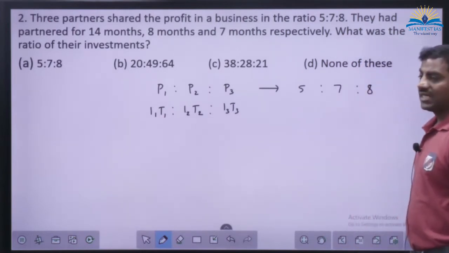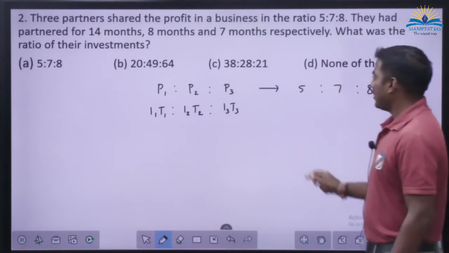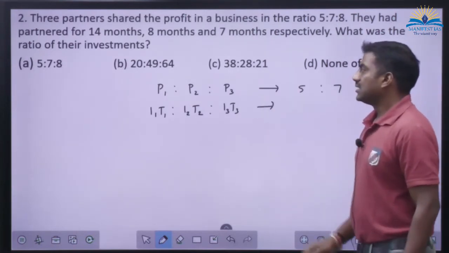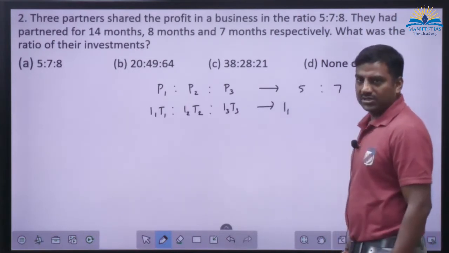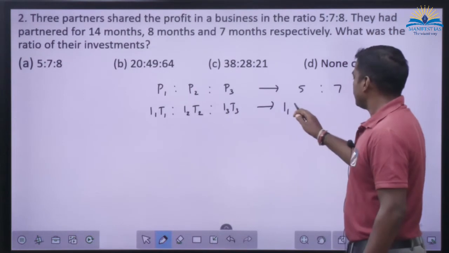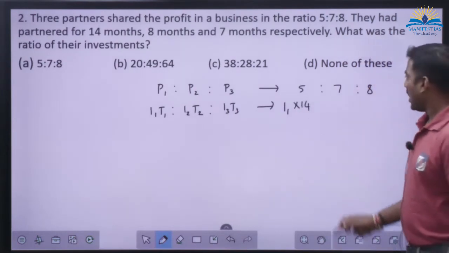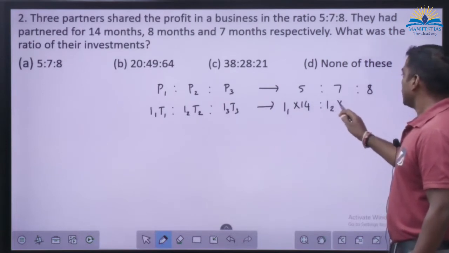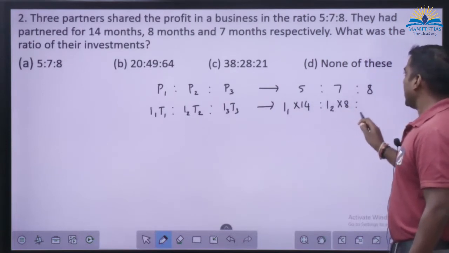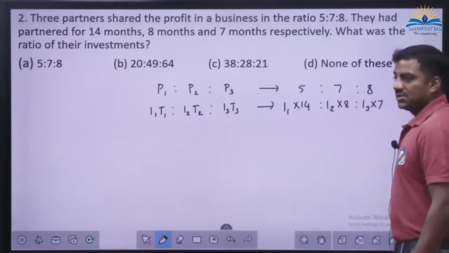And they have also given the time period. So can I write here I1 as I1 only, without any substitution, and T1 as 14 months, and here I2, T2 as 8 months, and I3, T3 as 7 months.